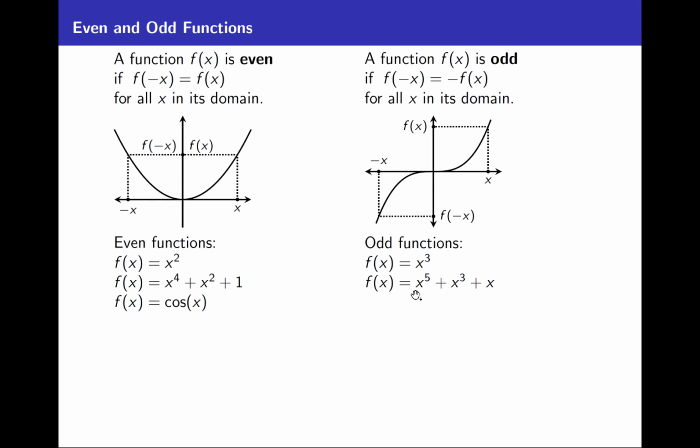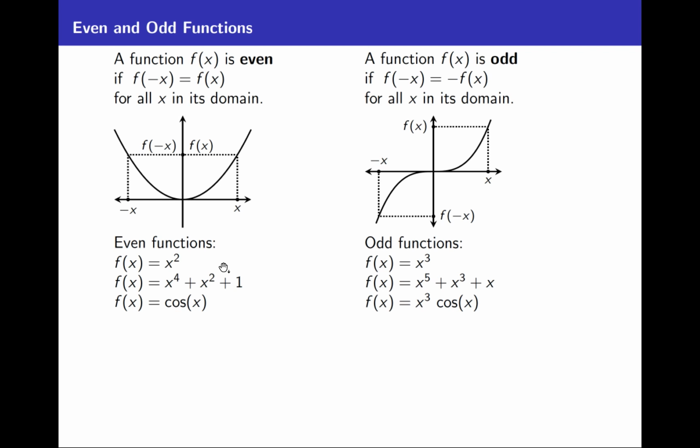Sums of odd degree powers are odd functions. And if you took cosine of x, which was an even function, and you multiplied it by the odd function x cubed, you can check that that's also an odd function.